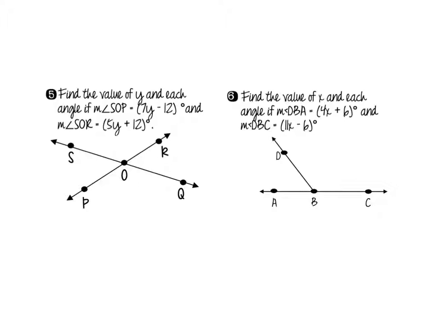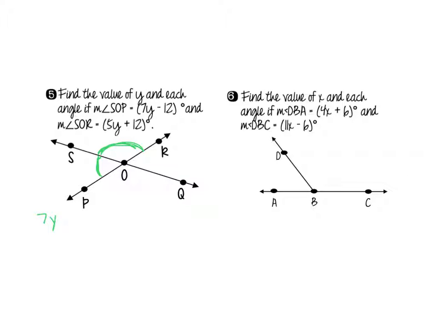And our last two examples, number 5 and number 6, are very similar, so I want you to try those on your own as well. So if I'm looking at SOP, that's right here, and SOR, which is right here, I know they are linear pairs, so they have to add up to equal 180.